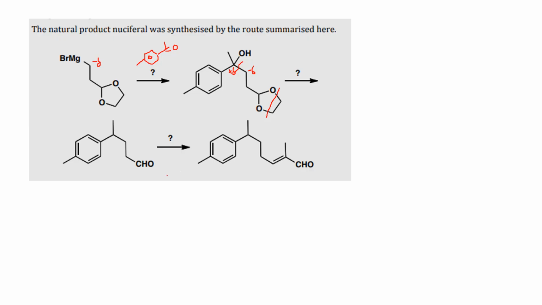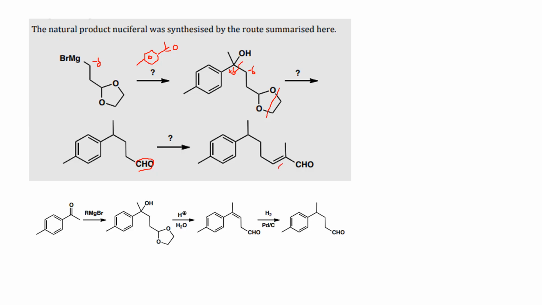In the next step, if you perform a Wittig type of reaction with this CHO, you can generate this double bond. Let's see the reagents. As I said, if you just deprotect this part, you will get a CHO. Now see, under the same reagent condition, this OH will be eliminated and give us this alkene. Now in this compound, there is no alkene, so we have to reduce this double bond.